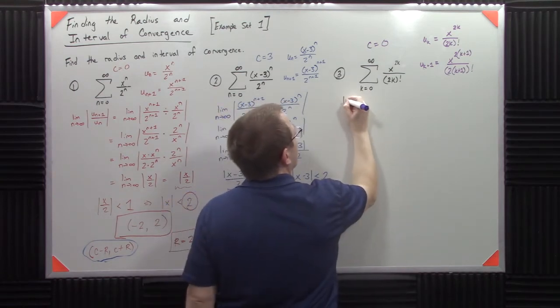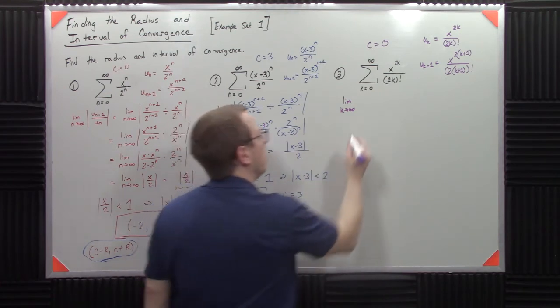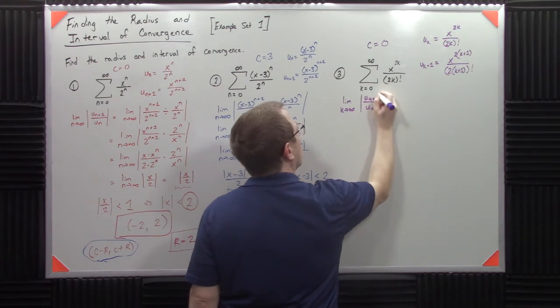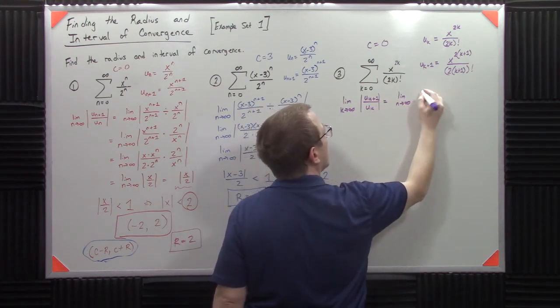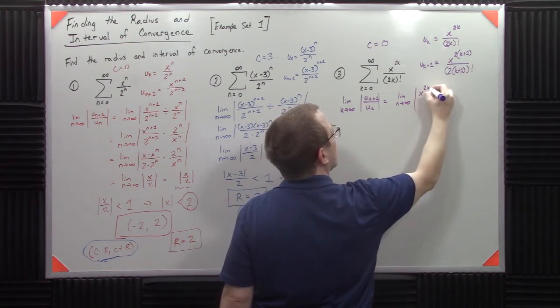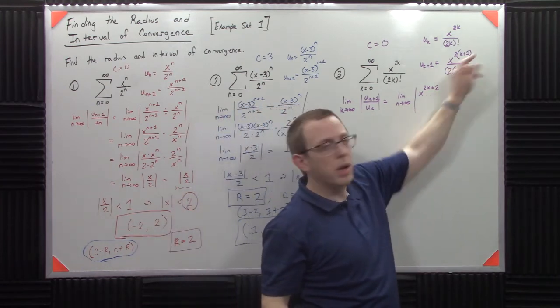So I'll take the limit, again as k goes to infinity here. So I'm going to rewrite that as 2k plus 2 by distributing that out.